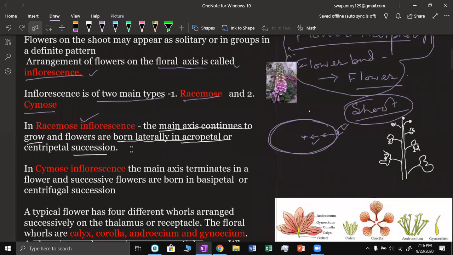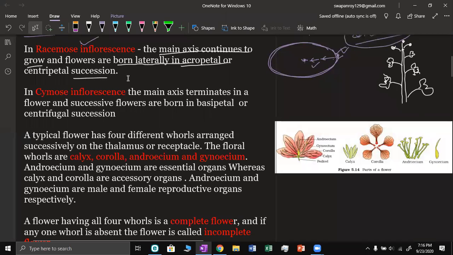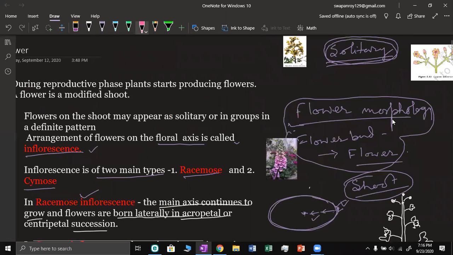This is the racemose. Cymose is just opposite to the racemose. Here the main axis terminates in a single flower.